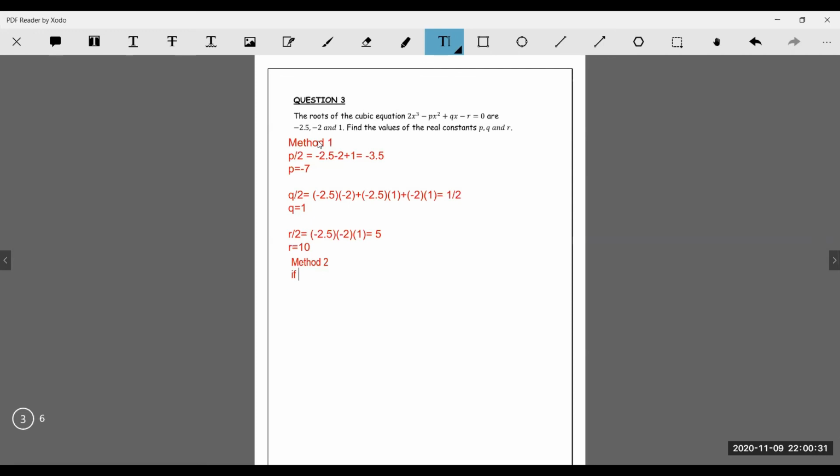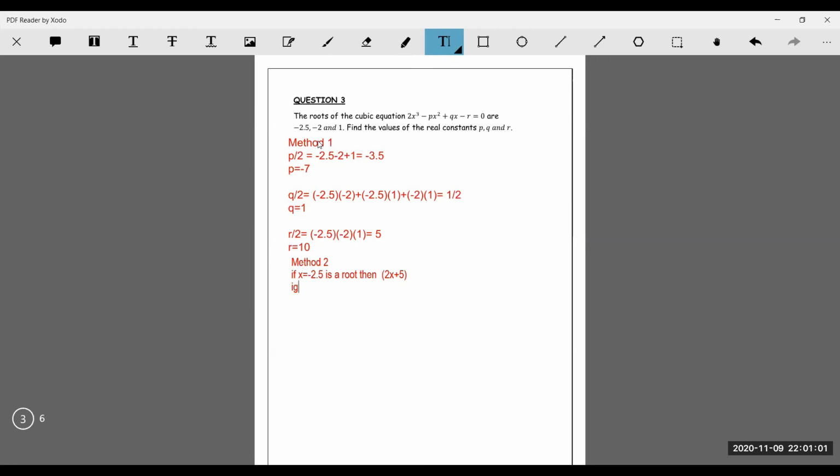If x equals negative 2.5 is a root, then 2x plus 5 is a factor. That's negative 5 over 2. Yes, so 2x plus 5 is a factor.